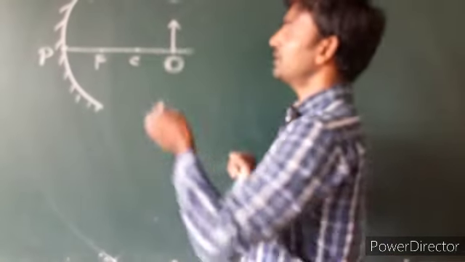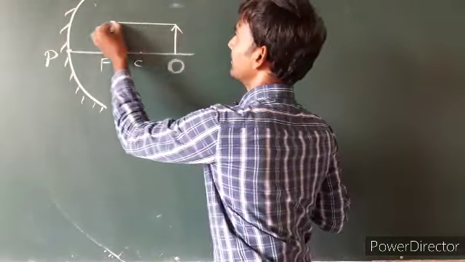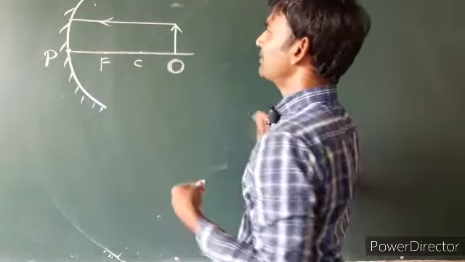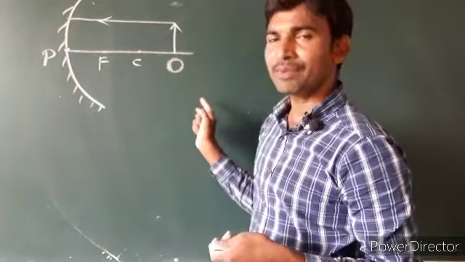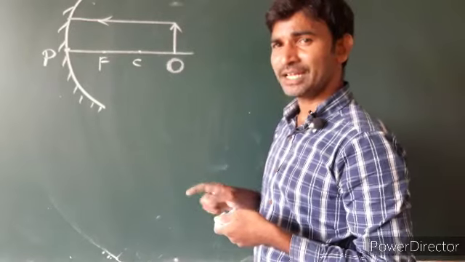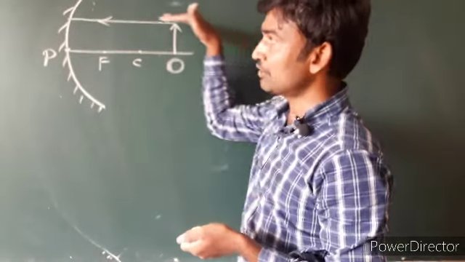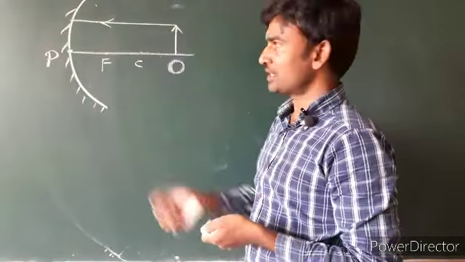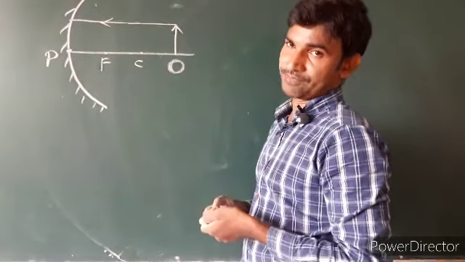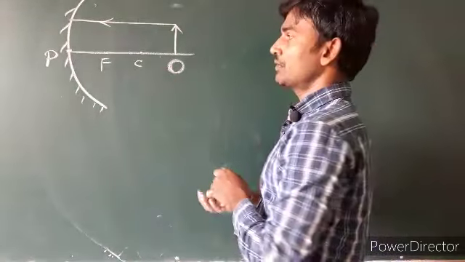What will happen? The light ray will go parallel to the principal axis. If you want to get its image, we apply our basic ray diagrams. First one: the light ray goes parallel to the principal axis, and after reflection it comes back through the focus.